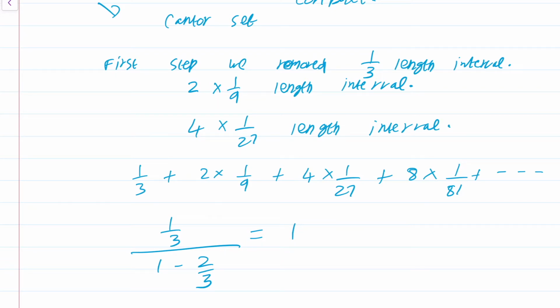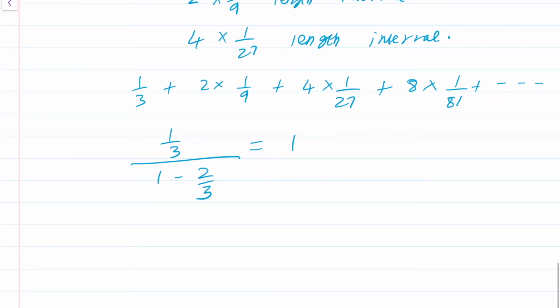Okay. So what this means is the lengths of intervals that we have removed from the Cantor set sum up to 1. In some sense, we have removed the whole of the interval [0, 1], at least from this naive argument. But that's not the interesting thing. This is interesting, but even more interesting is the fact that, theorem, the Cantor set is perfect.